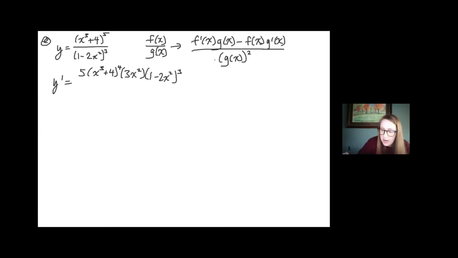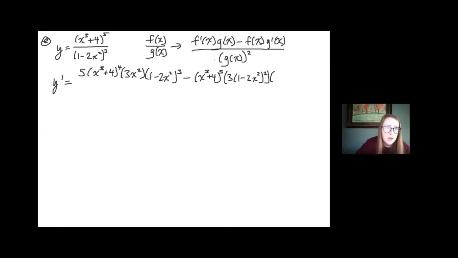All right, then we subtract the numerator as is, x cubed plus 4 to the 5th power, times the derivative of the denominator. And to take the derivative of the denominator, we've got to use the chain rule. So the derivative of the outside function would be 3 times 1 minus 2x squared, and then we multiply that by the derivative of the inside function.